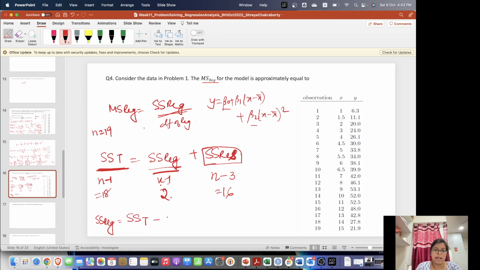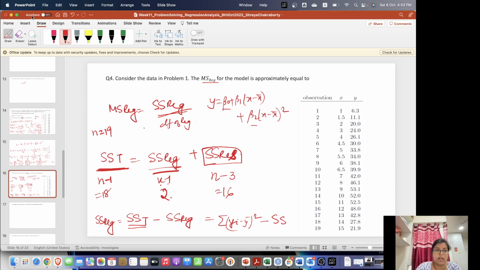SS regression is SST minus SS residual. This one we know is nothing but (y minus y bar) prime (y minus y bar), or I'll write the summation, this will be easier. Total sum of squares is summation (yi minus y bar) whole square, and minus SS residual.